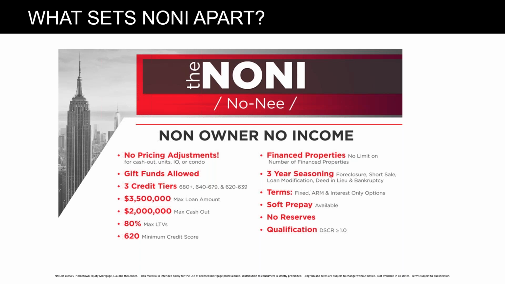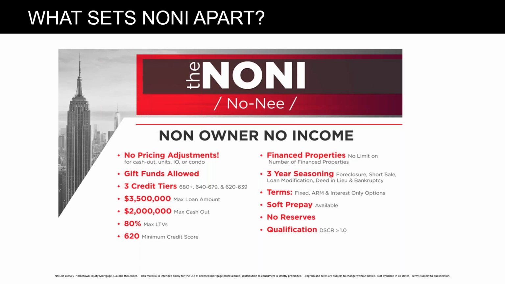We'll go to 80% on purchase, rate and term. We'll go as low as 620 scores. Again, guys, no income, even no assets. We finance multiple properties; we have borrowers coming to us with 50 to 100 properties. 3-year seasoning on foreclosures, loan mods, deed in lieu, bankruptcy, housing event, right? Our terms are 5-year and 30-year.